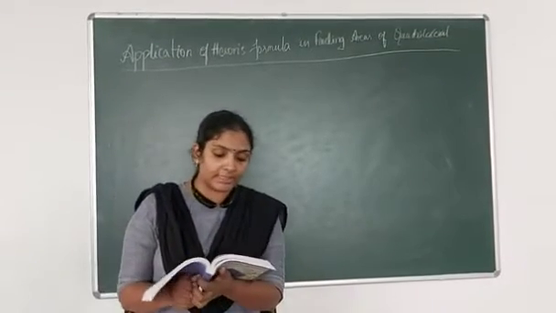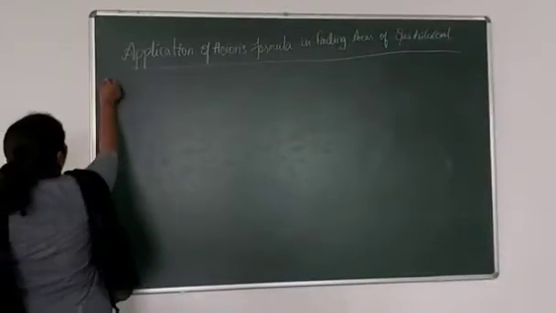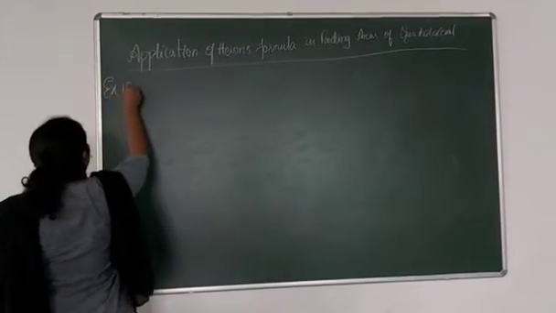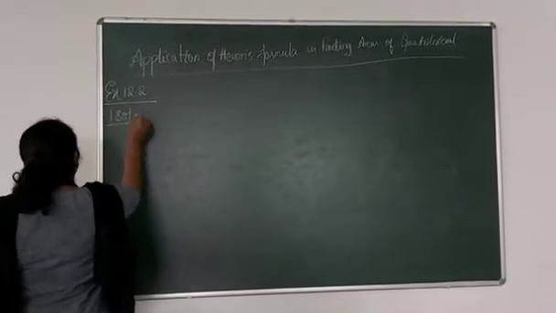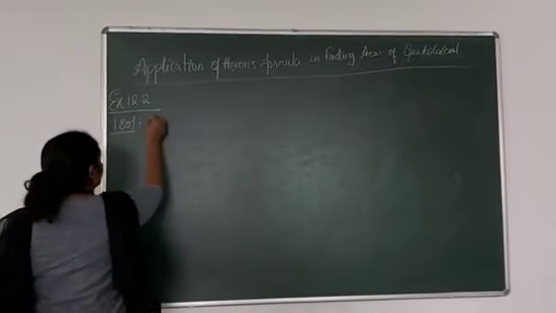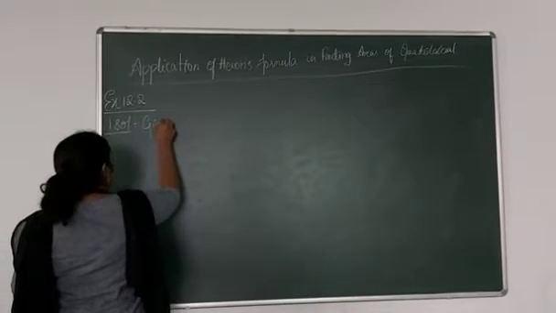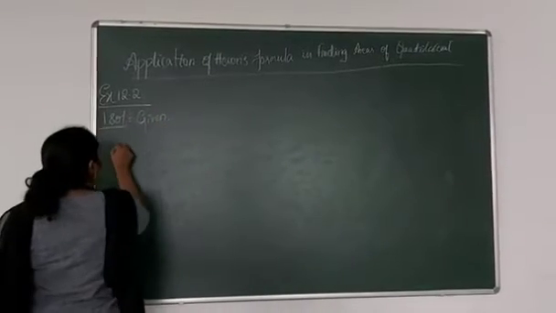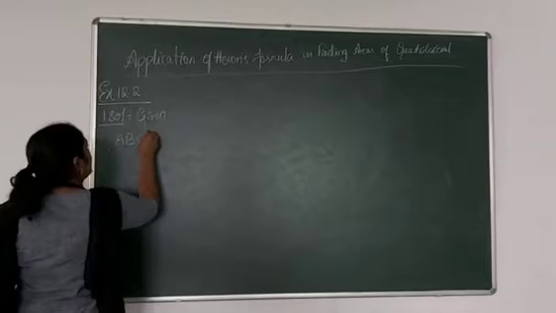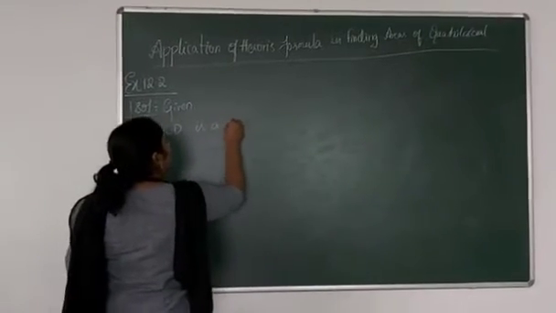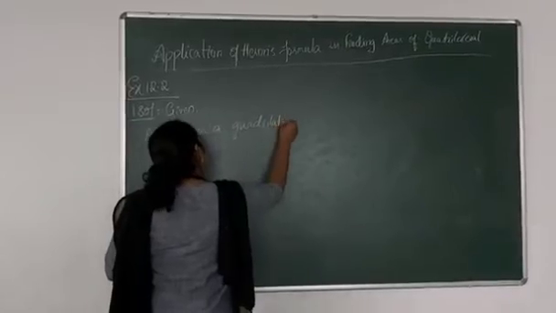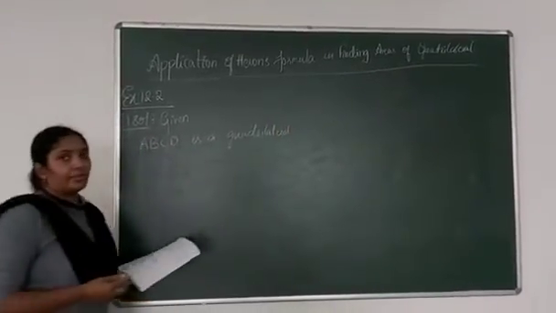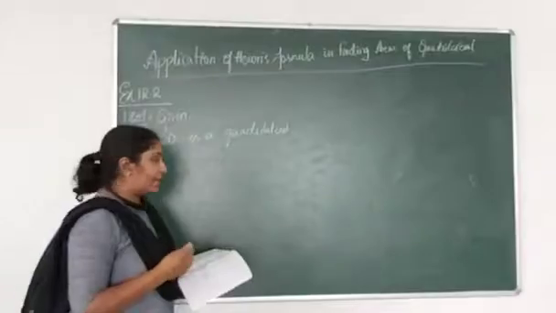Now let's try to see what is given. Exercise 12.2, first solution. We'll write given: ABCD is a quadrilateral, right? So definitely not a known shape as it is.